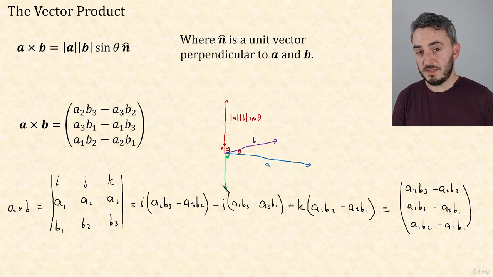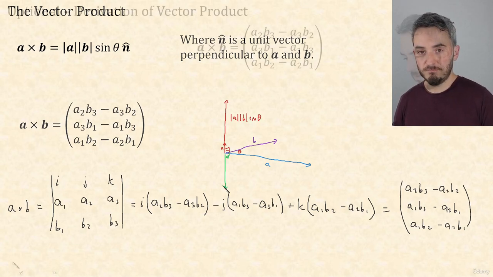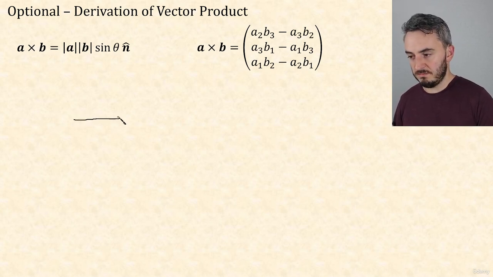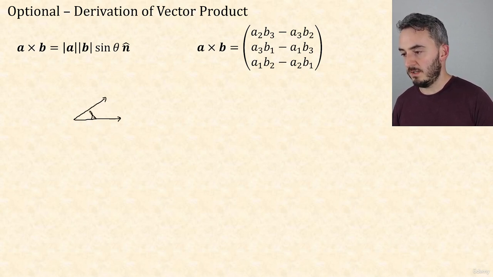Well, that has to do with something called the right-hand rule. Now, the right-hand rule simply tells us that if you take a vector here and you cross it with a vector here by going anti-clockwise, your cross product will be measured in this direction.